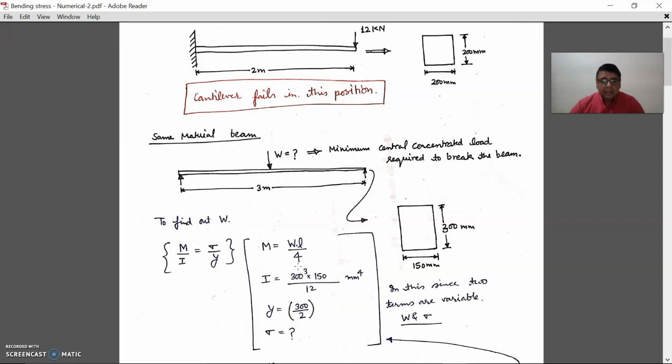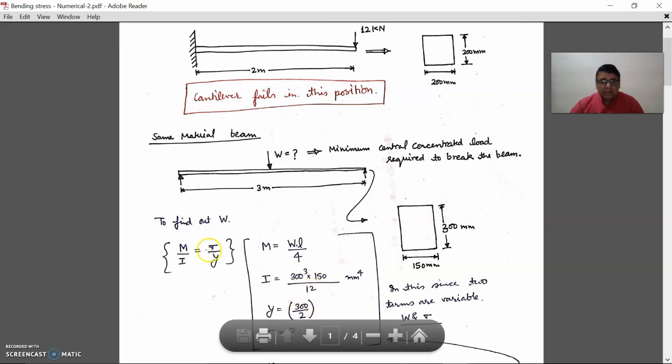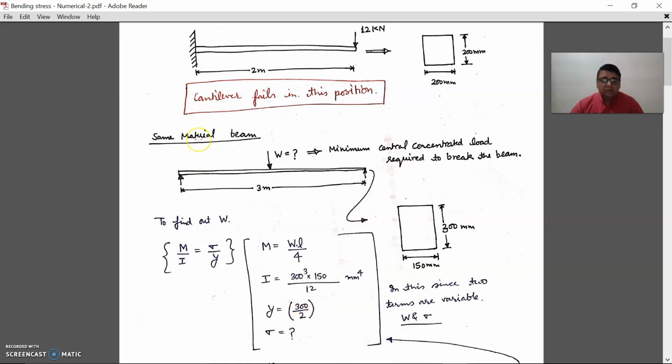Then the value of I is 300 cube into 150 upon 12. Then sigma, I do not know sigma because he has not given any value of sigma, but he has given the value of y.